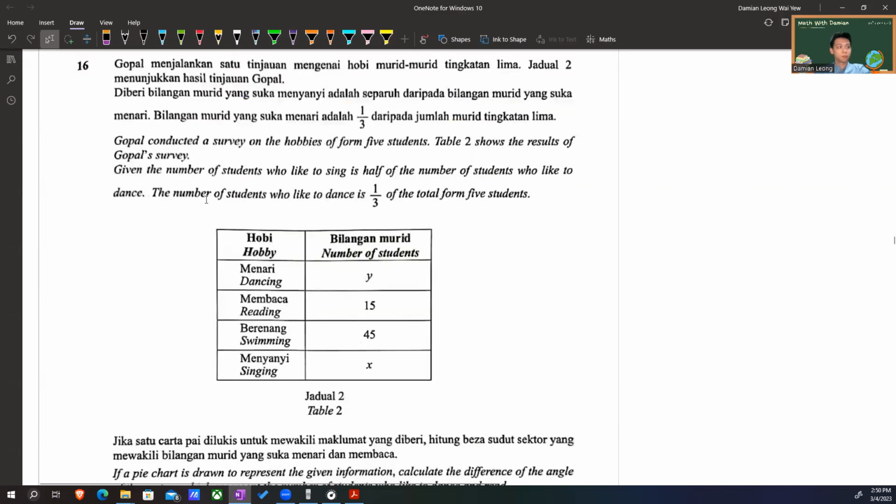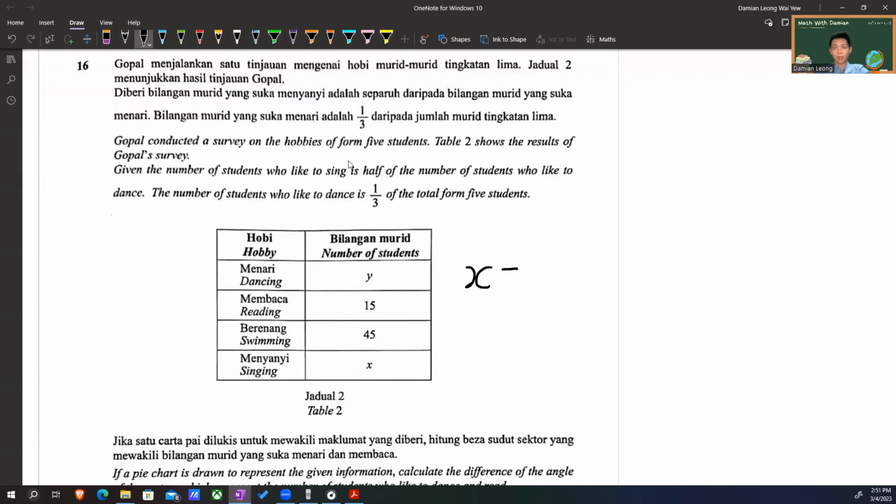Question 16. Global conducted a survey on the hobbies of Form 5 students. Table 2 shows the result of his survey. Determine the number of students who like to sing. Given that the number of students who like to sing is half the students who like to dance.